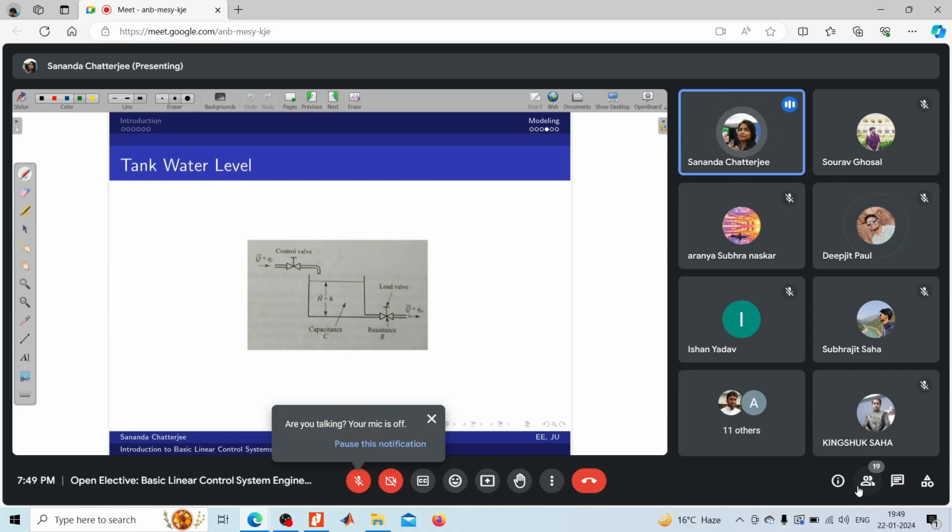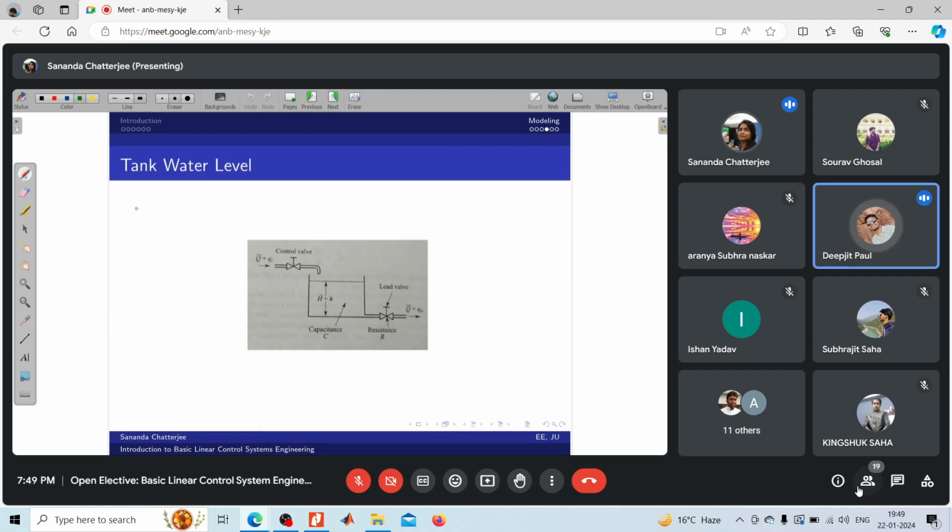So how will I write the mathematical description for this plant? Q in minus Q out equals to, only dh/dt? Volume, area into dh/dt. Area into dh/dt. True. Good. So we will write it like, so Q bar and Q bar, this is the complication from the book. The inflow we can write as Q bar plus small Qi.